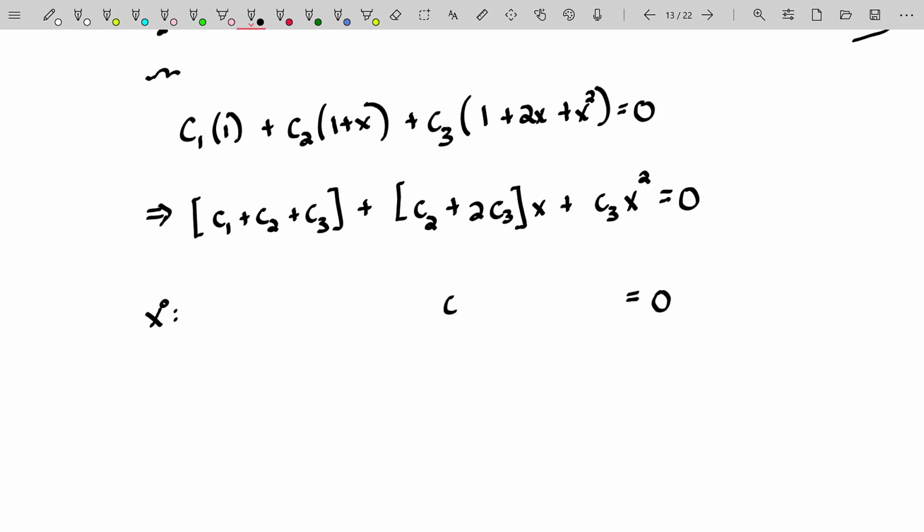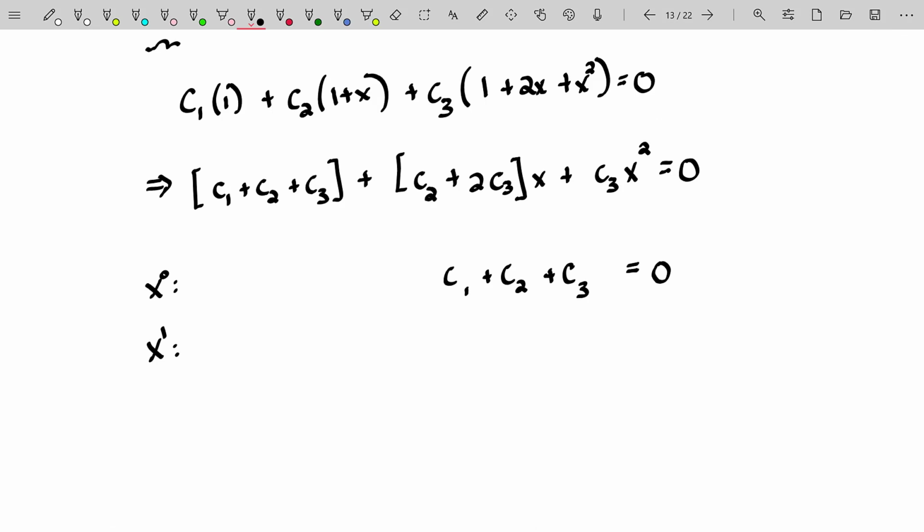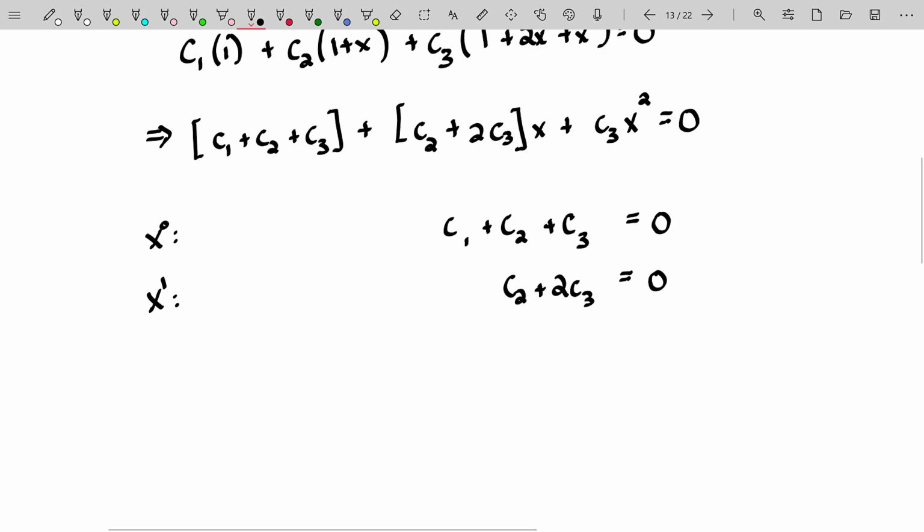On the left hand side, it's C1 plus C2 plus C3. As far as coefficients on x to the first, on the left hand side we have C sub 2 plus 2C sub 3. On the right hand side we don't have a coefficient of x. And then for coefficients of x squared, on the left hand side we have C3 as the coefficient of x squared.